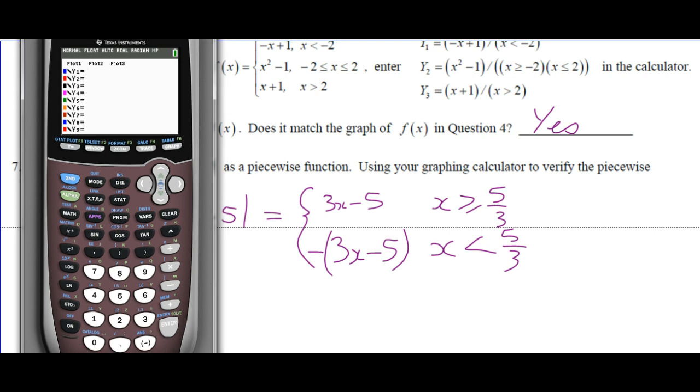It's 3x minus 5 when x is greater than or equal to 5/3, and it's the negative of 3x minus 5 when x is less than 5/3.